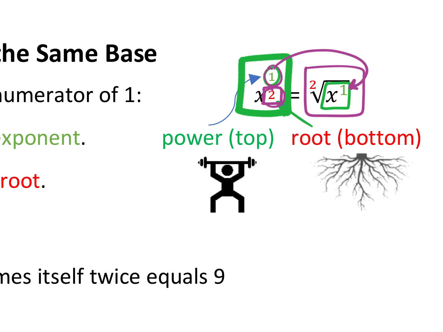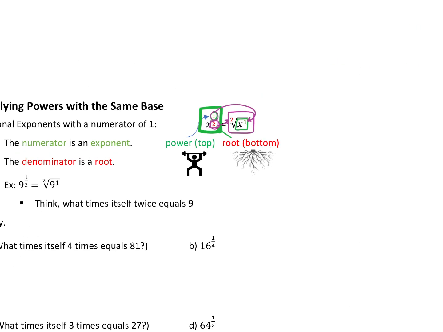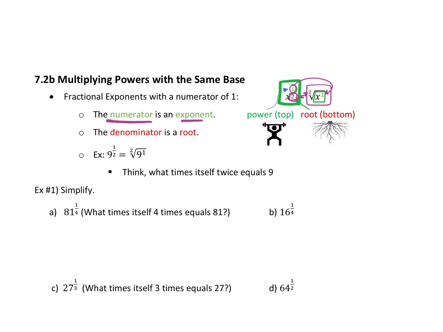We take that 2, that's my root. So that is the square root of x to the first power. Those are the exact same thing, written in a different form. One's written in exponential form, one's written in radical form, but they mean the exact same thing. So just keep in mind your numerator is your exponent, your denominator is your root.